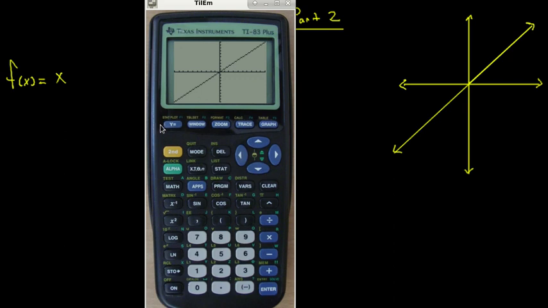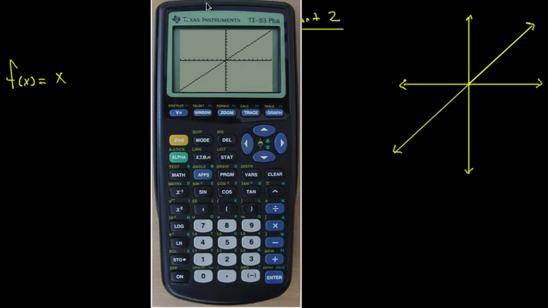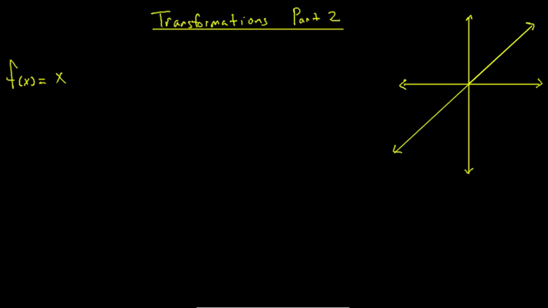Now, what would happen if we put a number that was not greater than 1 in front of the x? You may already have the intuition, and that's fine, but I'm going to show you anyway. Instead of f of x equals x, let's say we had f of x equals 1/2 x.